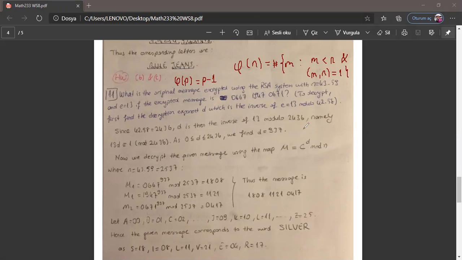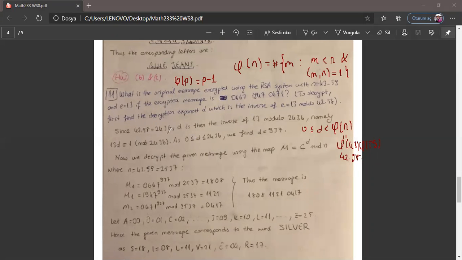We know that this d is in between this and phi of n, and it is phi of 43 times phi of 59. So this is a prime and this is a prime, so it is this times this.